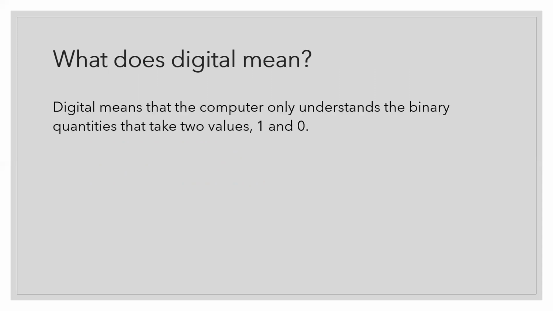Digital means that a computer only understands binary quantities that take two values, zeros and ones. We know that the electricity we are using today is not continuous.